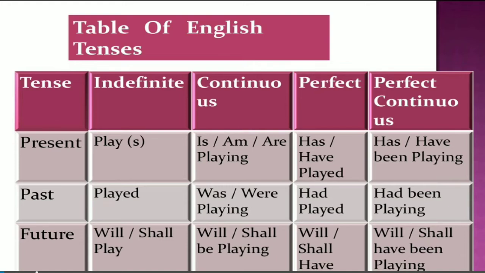The form is very simple: subject plus verb plus s or es. Either we use the plain verb, the first form of the verb, or we use it with s or es, then the object. That is the form.